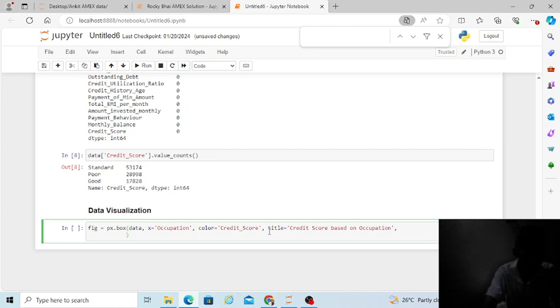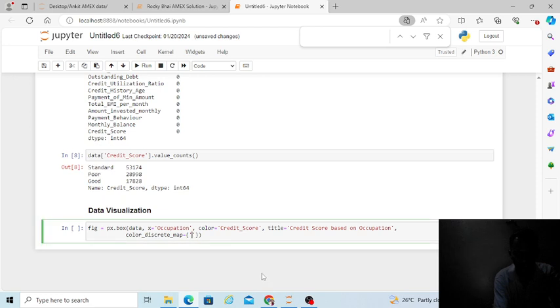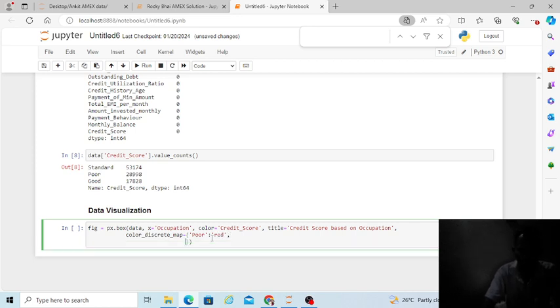And I will use color discrete map here, and for this I will give one dictionary type variable. In the dictionary I will mention these three values of credit score: poor is red, so it will mark with this color.